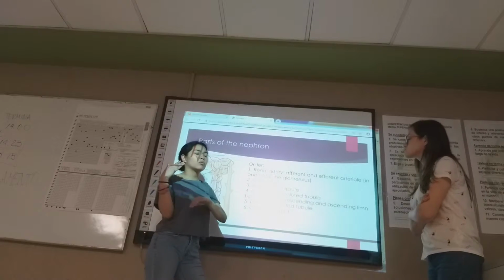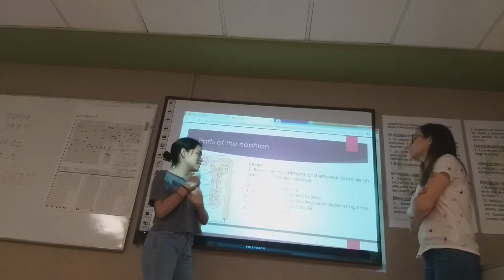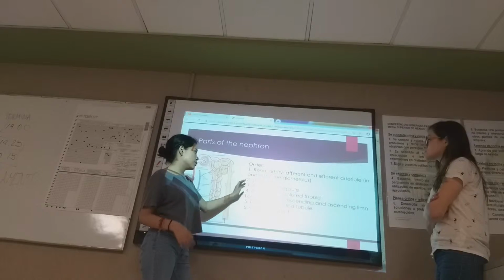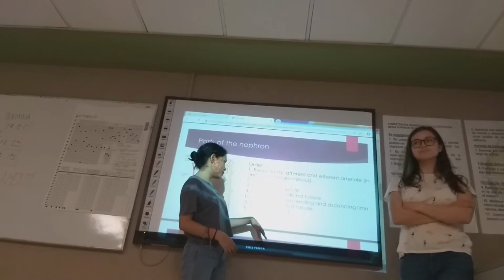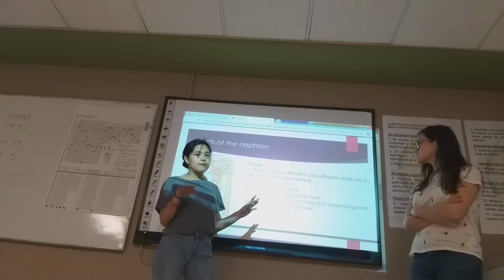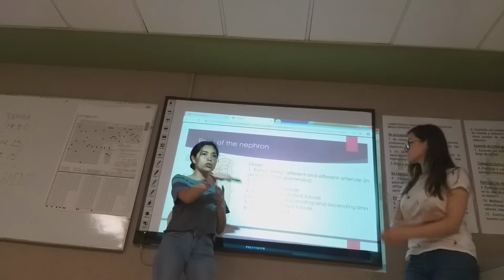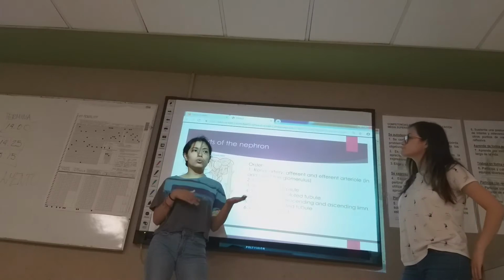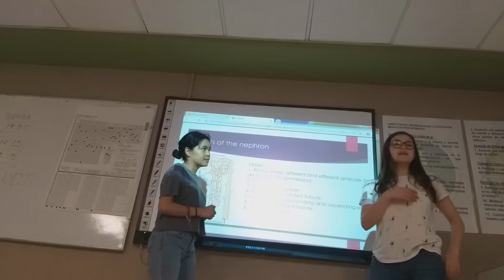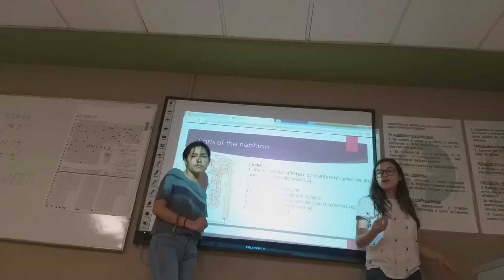What passes through the glomerulus is then captured by the Bowman's capsule. From the Bowman's capsule, it goes to the proximal convoluted tubule, then to the loop of Henle and the distal convoluted tubule, and then finally to the collecting duct up to the ureter, in order for the wastes to come out as urine.